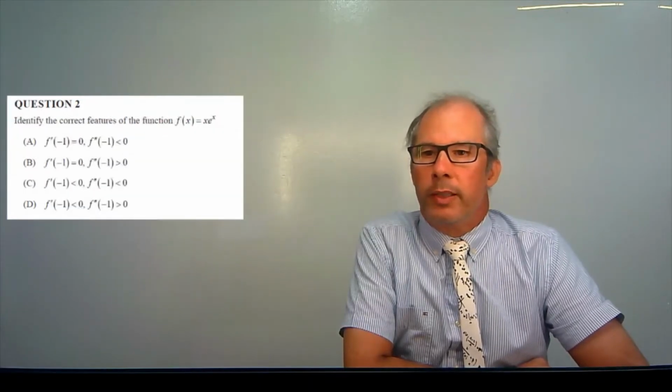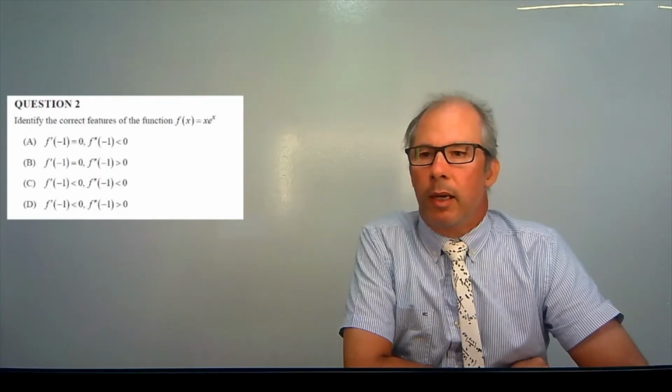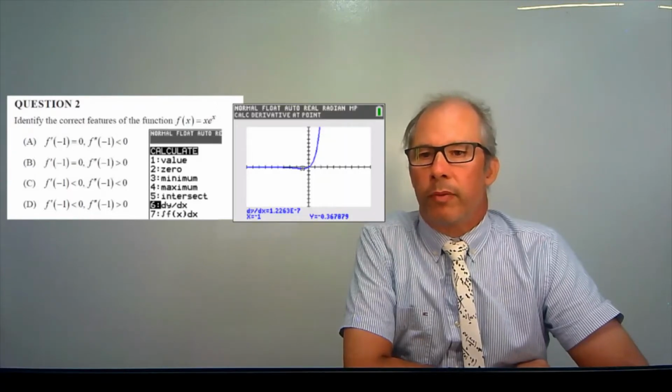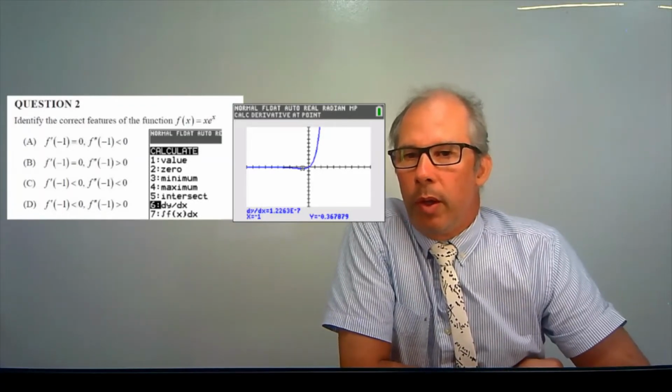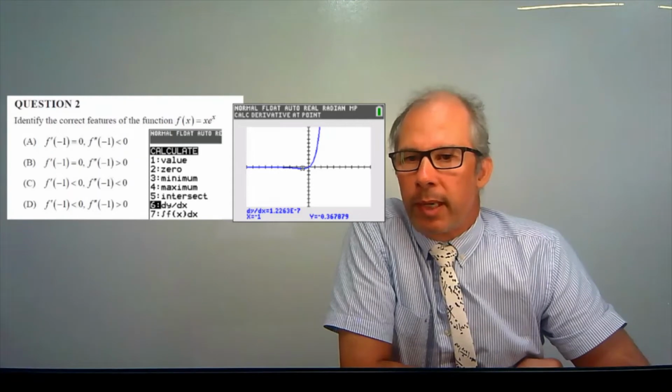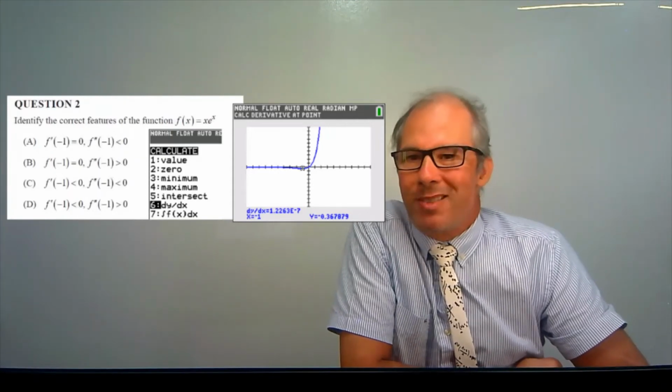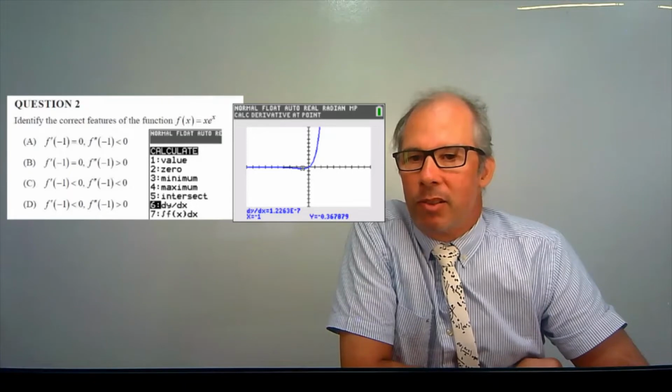Question 2, identify the correct features of the function x e to the x, and there's a number of options. So first of all, here I've sketched the original function, which is x e to the x, and then I've done my second calc 6 again and found dy/dx, and that's given me a value of 1.2 times 10 to the negative 7, which is pretty much 0, so we could safely say that's 0 there.